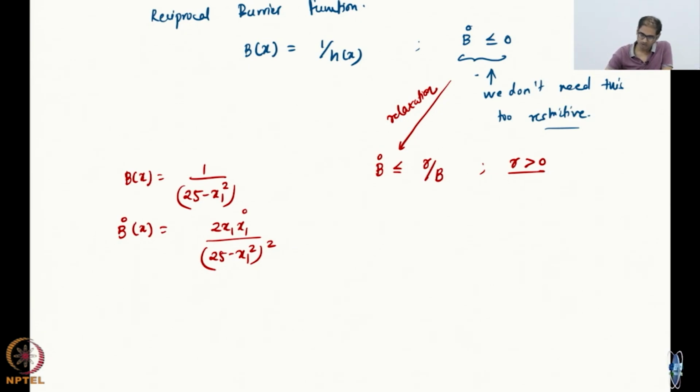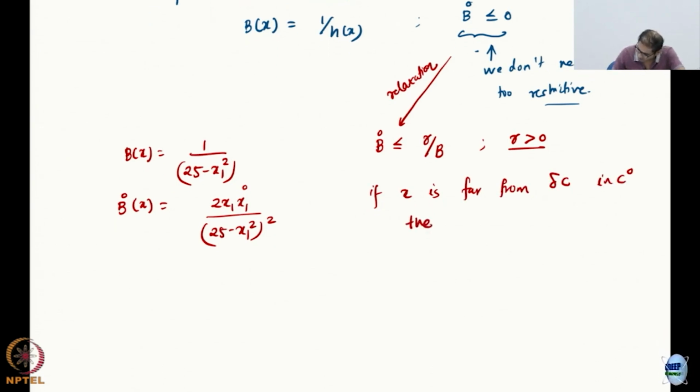But this is not going to be very obvious, this is not very evident. But the rationale for doing this, at least how it is stated here, is that the inequality allows for B dot to grow when solutions are far from the boundary. So basically what this will do is, if x is far from the boundary of C in C naught, then obviously your B is positive, because of how you have constructed it.